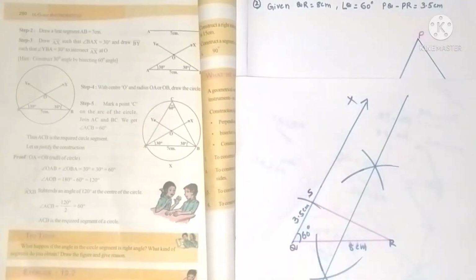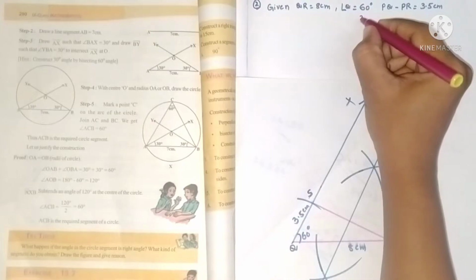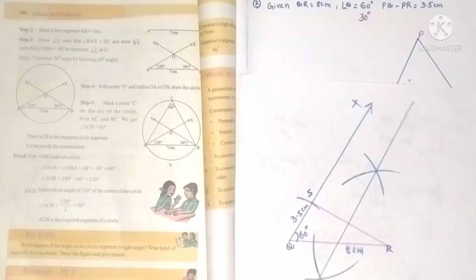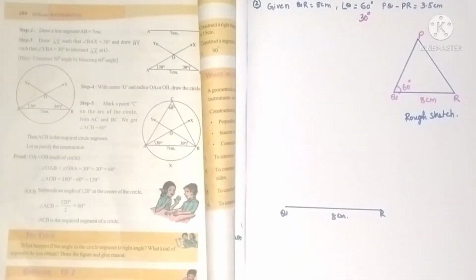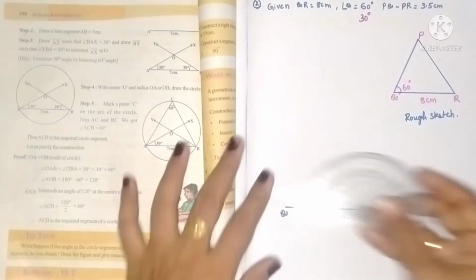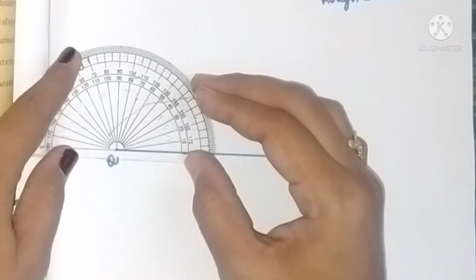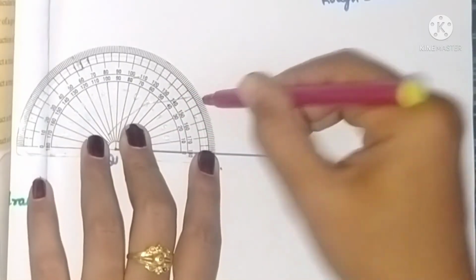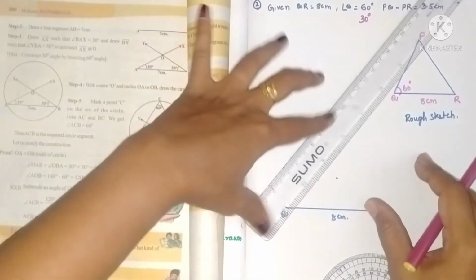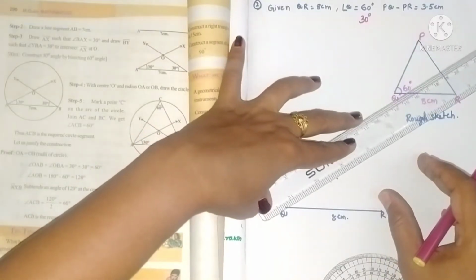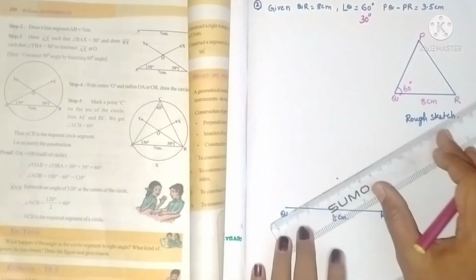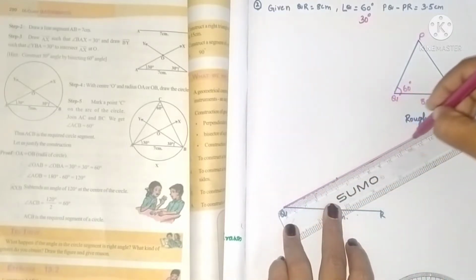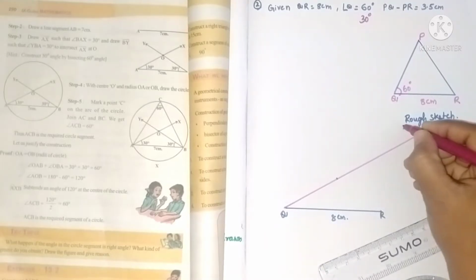So just take 30 instead of 60, remember that the angular bisector should be taken. So here take 30 degrees. This is 30. So draw a ray in this direction, QX.